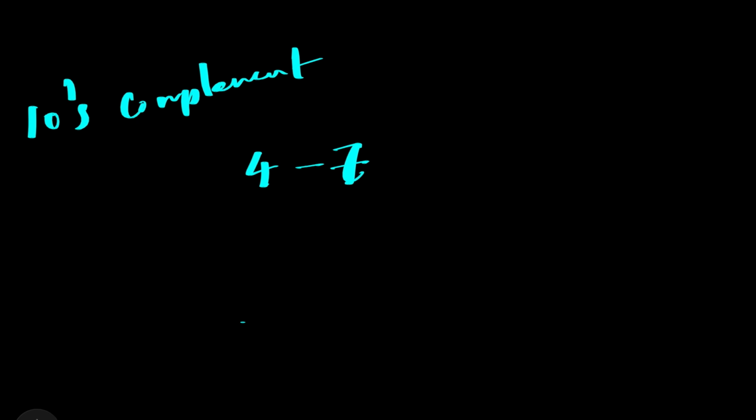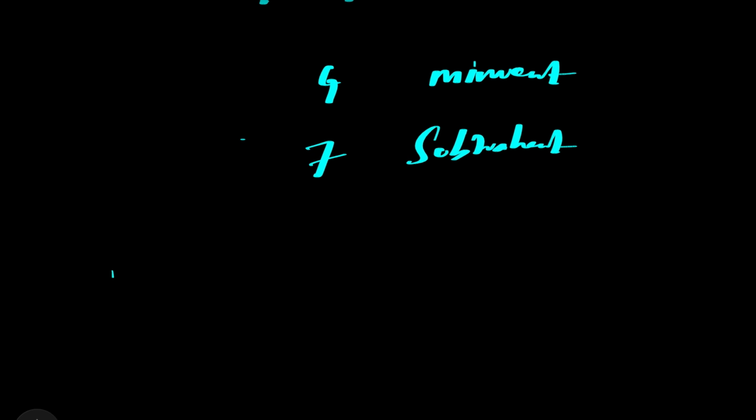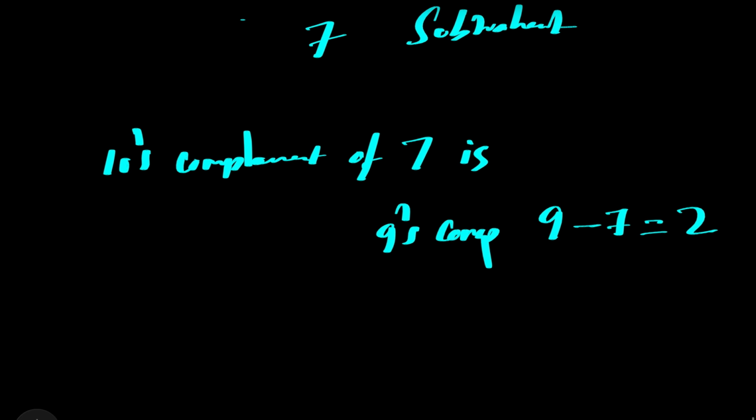So this 4 is the minuend, this 7 is the subtrahend, and now the 10's complement of 7 is, first we take the 9's complement, 9 minus 7 is equal to 2. Right. Now the 10's complement is just adding 1 to this, so it became a 3.